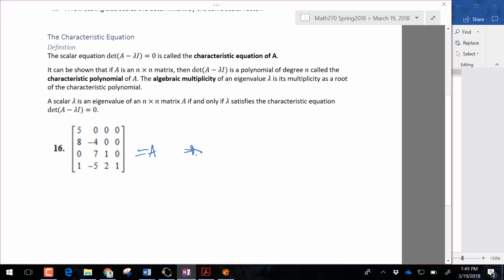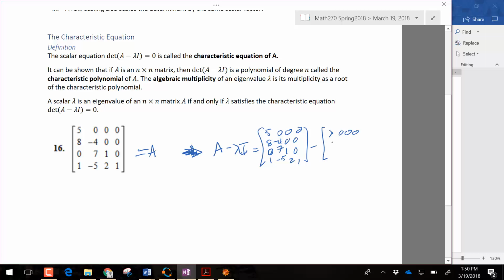we actually want A minus lambda I, which is going to be this 5, 0, 0, 0, 8, minus 4, 0, 0, 0, 7, 1, 0, and 1, minus 5, 2, 1, minus lambda I, which is just the identity matrix with lambdas in the diagonal, and then subtract.